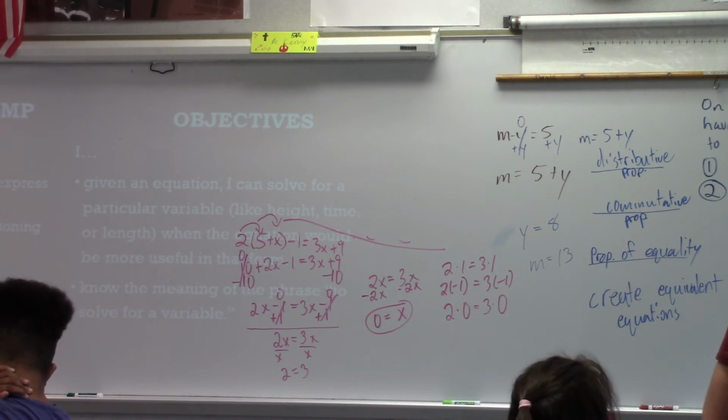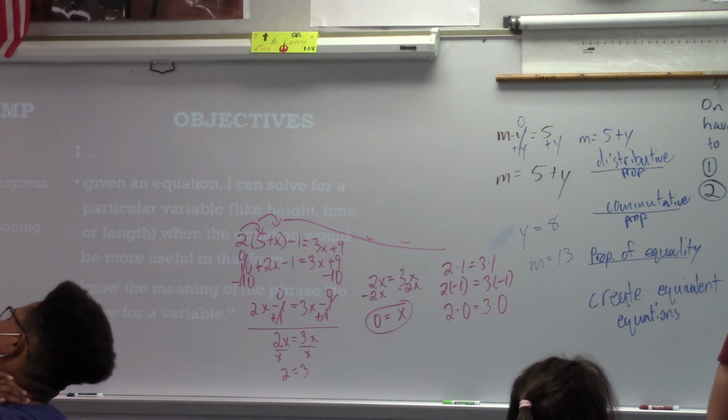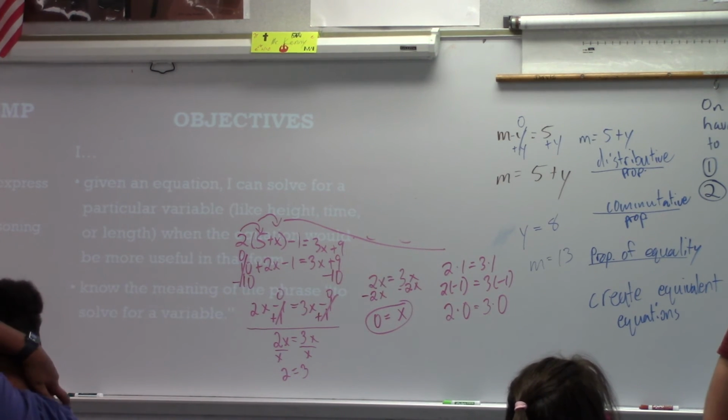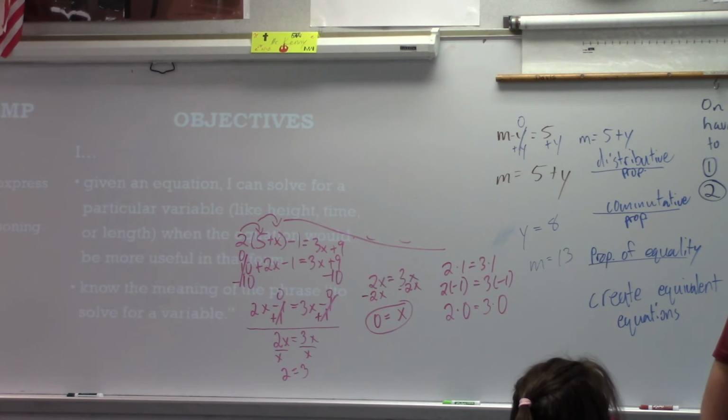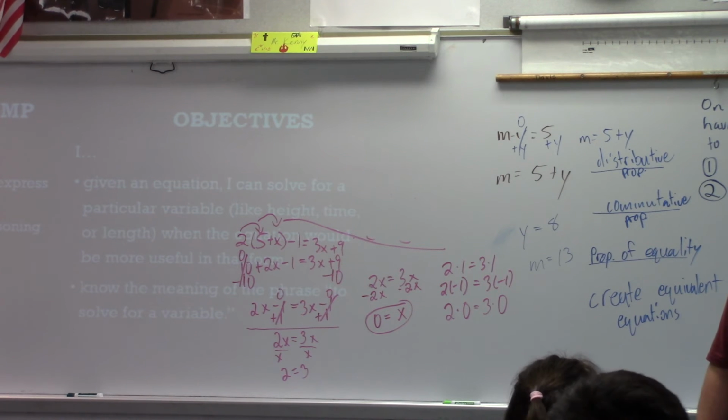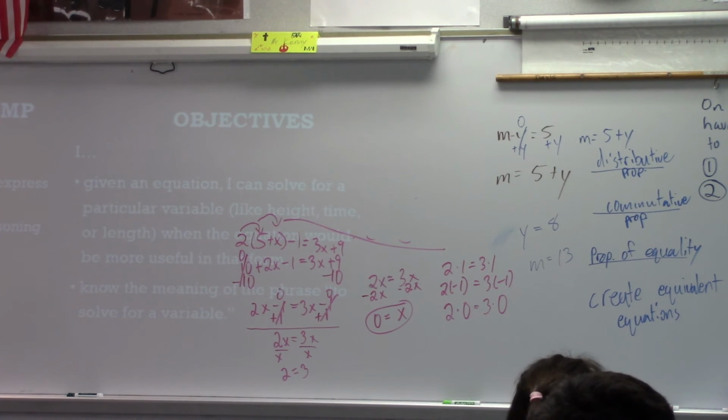Equivalent equations, right? Which help us solve equations. But the focus really needs to be on equations with more than one variable. That's what we're about to start looking at, which kind of deals with functions, but not quite. And so here are the objectives that we want to look at.